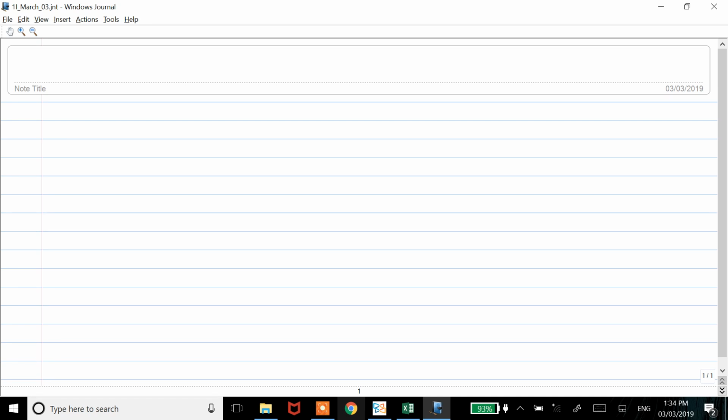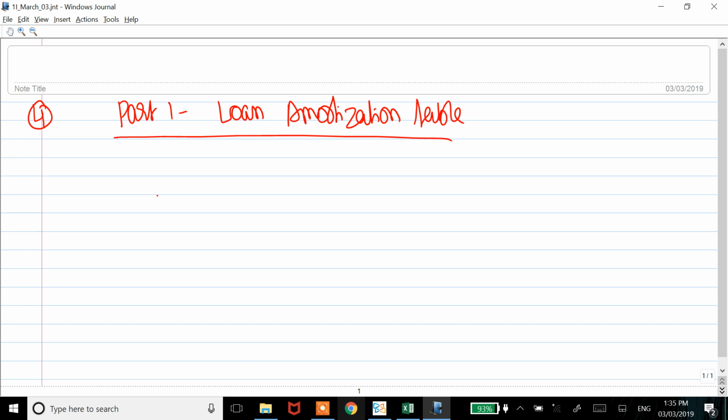In that, part 1 is loan amortization table.